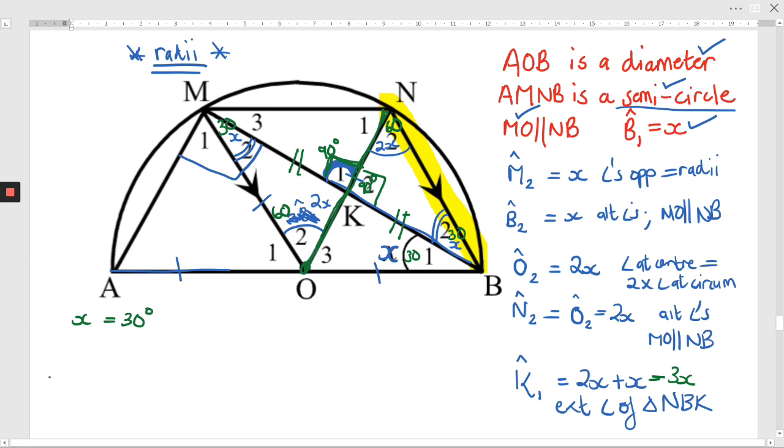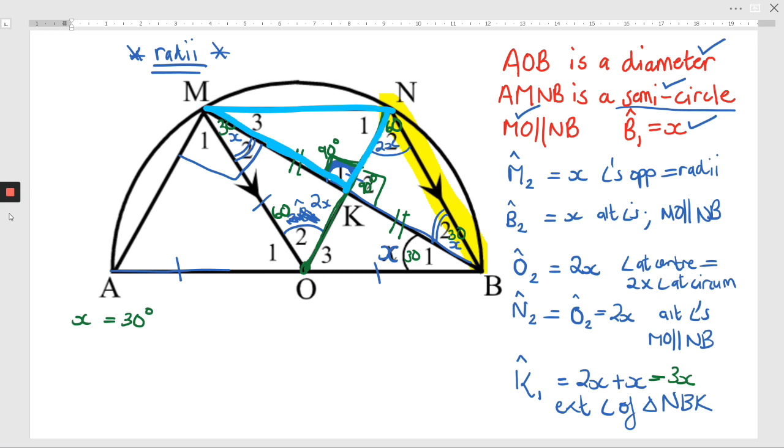X is 30. I've got the 90, I've got the 60 and the 30. What do they want? They want the angles of M, N, K. I'm going to just go over that triangle. So it looks a hell of a lot like N1 is going to be a 60 and M3 is going to be a 30.